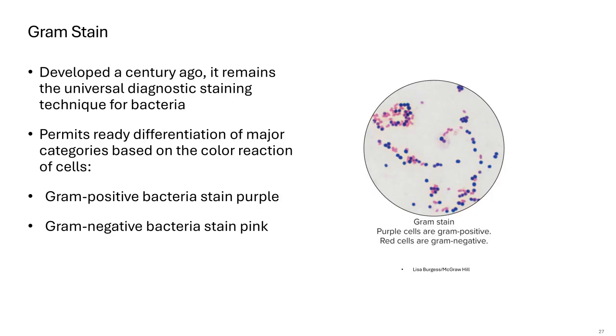So once we restain with safranin, those bacteria look pink. So the gram-positive bacteria have multiple layers of peptidoglycan in their cell wall, and it traps that crystal violet, making them look purple. And you can see here we have a mixed culture, right, where we have gram-positive bacteria in purple and gram-negative bacteria in pink.